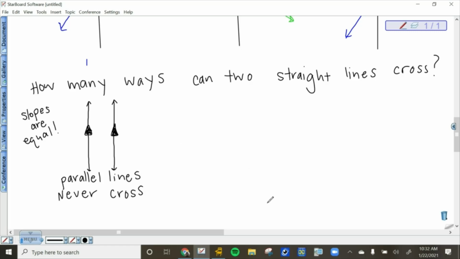So we have our parallel lines, and then we have lines that cross just at one point. Let's draw that. Lines that cross at one point.